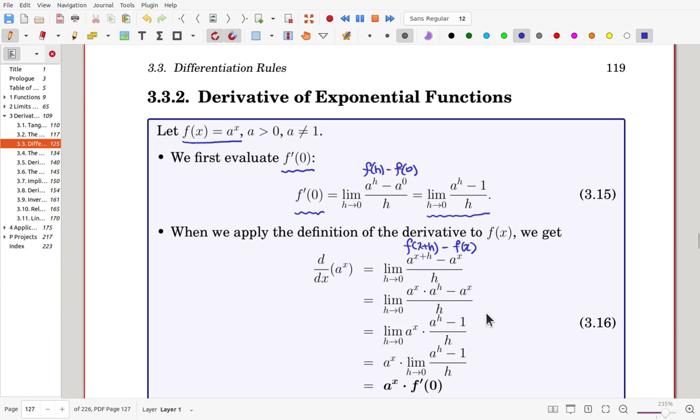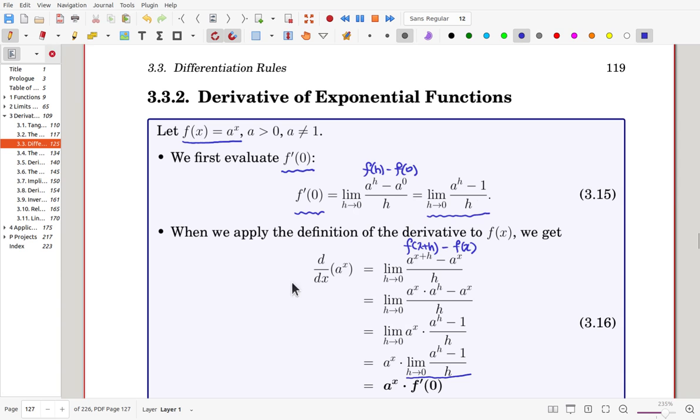Okay, a to the x plus h can be written in this way: a to the x times a to the h. So a to the x is common, so we can put it out, and now we can apply this limit to the second term. But here, this portion is the same as f prime at 0.